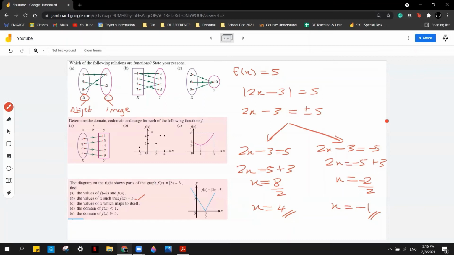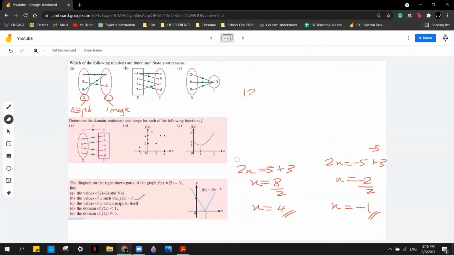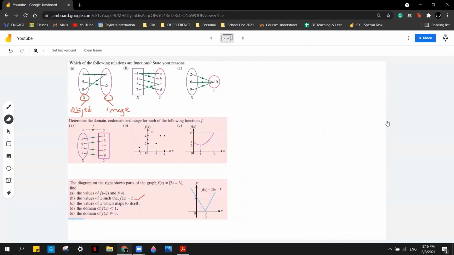Now the next concerning part is how does a function map onto itself work. Actually, it's quite simple too. Map onto itself means the function f(x) is mapping onto itself, meaning modulus 2x minus 3 equals x.